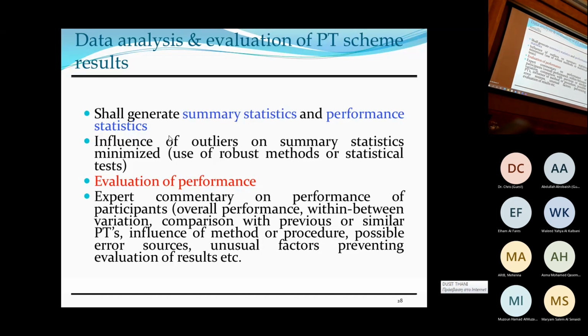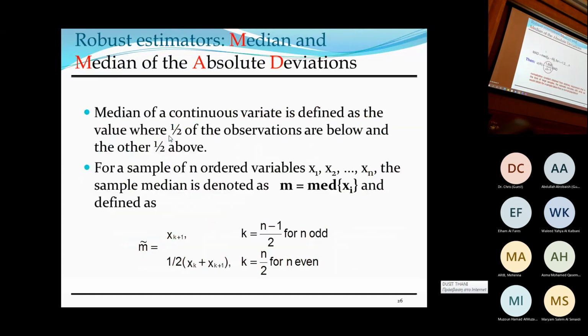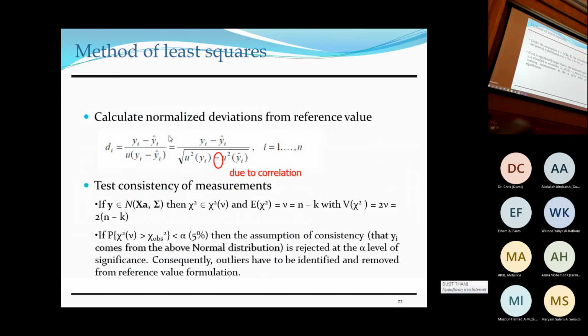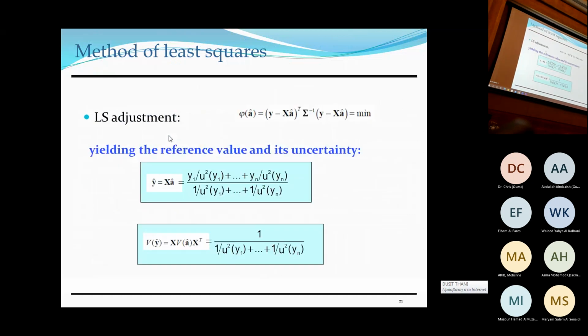But most of the work in key comparisons has to do with the weighted average, the weighted mean, which is actually the expression that I showed you here. So this is the weighted mean, and its uncertainty, its variance.